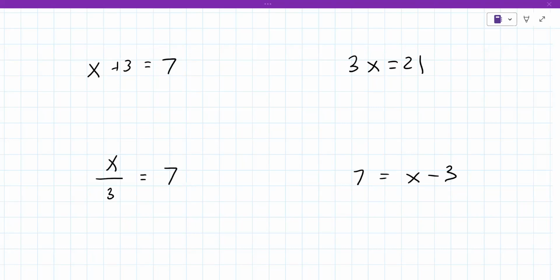Is it 4, 21, 7, and 10? Like this? Yes, that is correct.